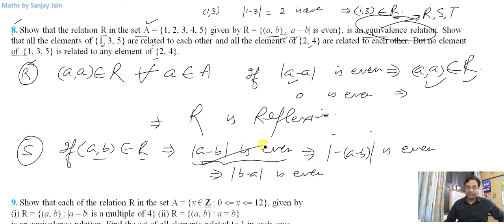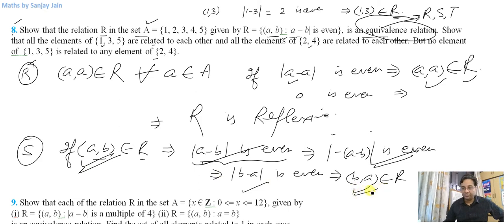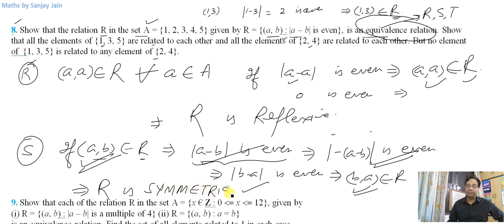This implies that (b, a) belongs to relation R. So presence of (a, b) implies the presence of (b, a), that means relation R is symmetric. I have proven it for any general ordered pair (a, b) which belongs to this set A, and similarly for reflexivity.